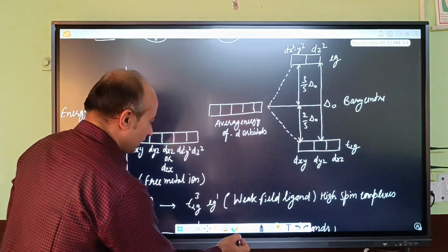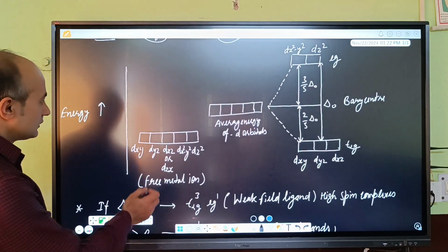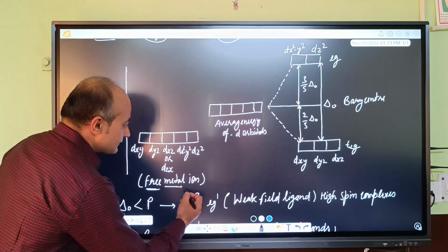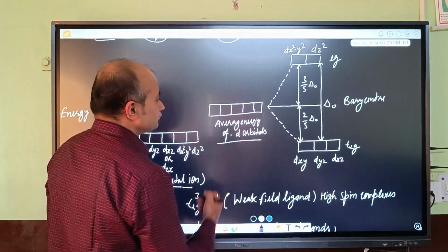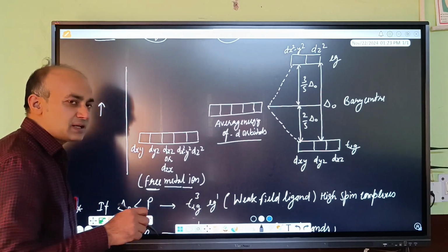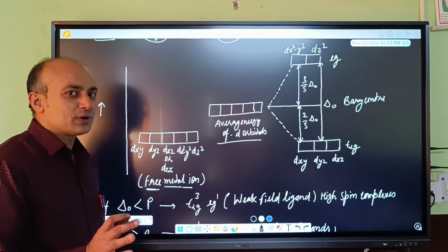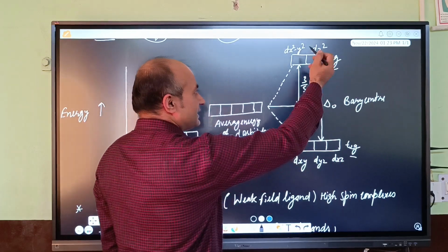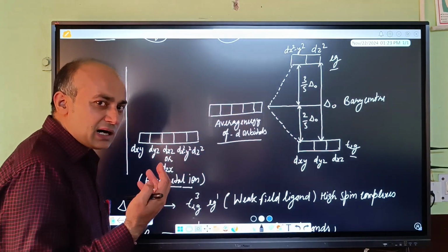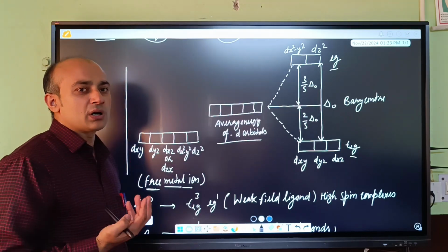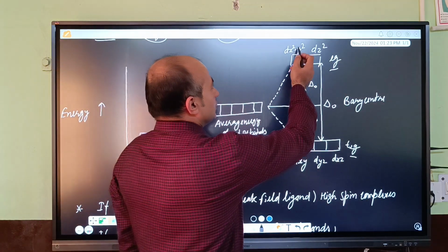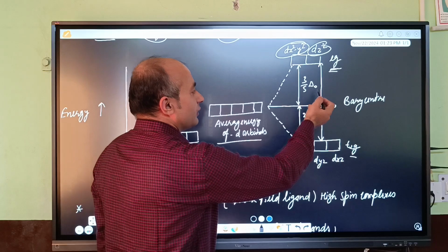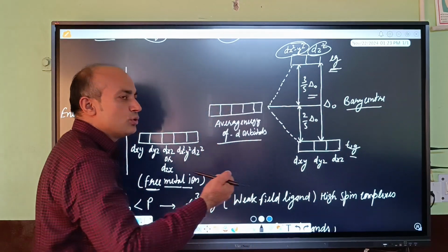In this energy diagram, we can learn the d orbitals easily. There are 5 d orbitals of the free ion or metal at the average energy, also called degenerate, but in the presence of ligands they are no longer degenerate and split into two sets, Eg and T2g. The Eg orbitals, dx square minus y square and dz square, lie along the axis and feel more repulsion, so they have higher energy, 3/5 delta O above the average energy.